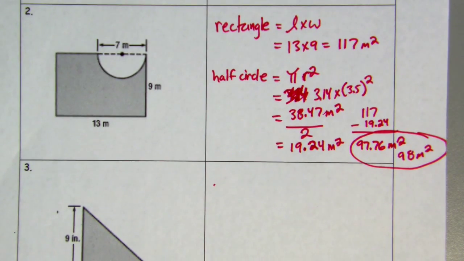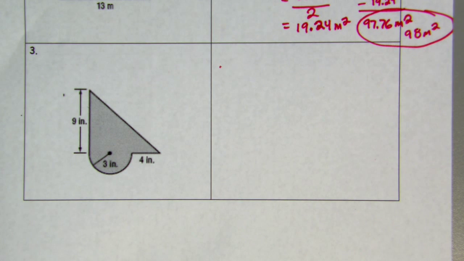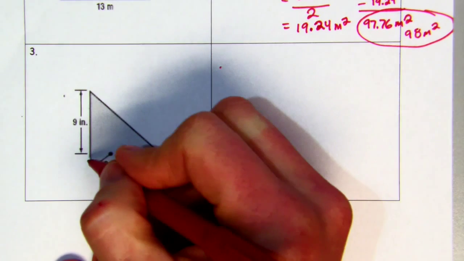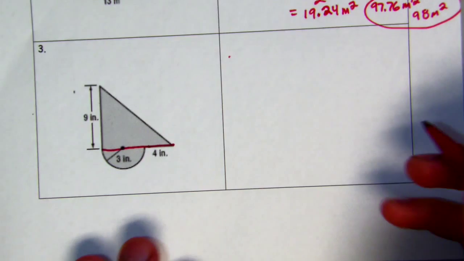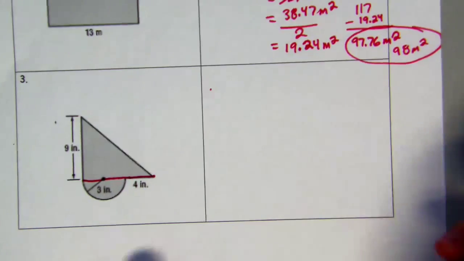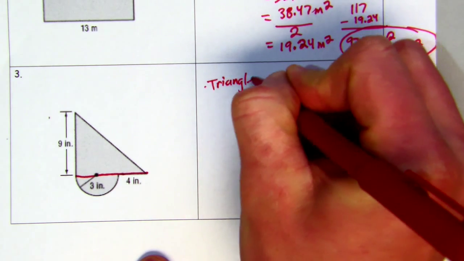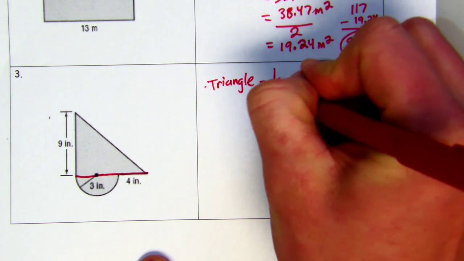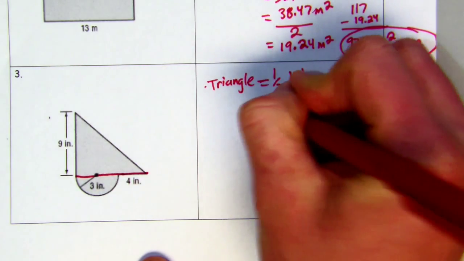All right, number 3. This time the whole item is shaded, but I can see that I have 2 different shapes going on there. Looks like I have a rectangle here if I combine this, and then I have a half circle. I'm sorry, not rectangle, but triangle. So I'm going to find the triangle first. And my equation for finding it is half times base times height.